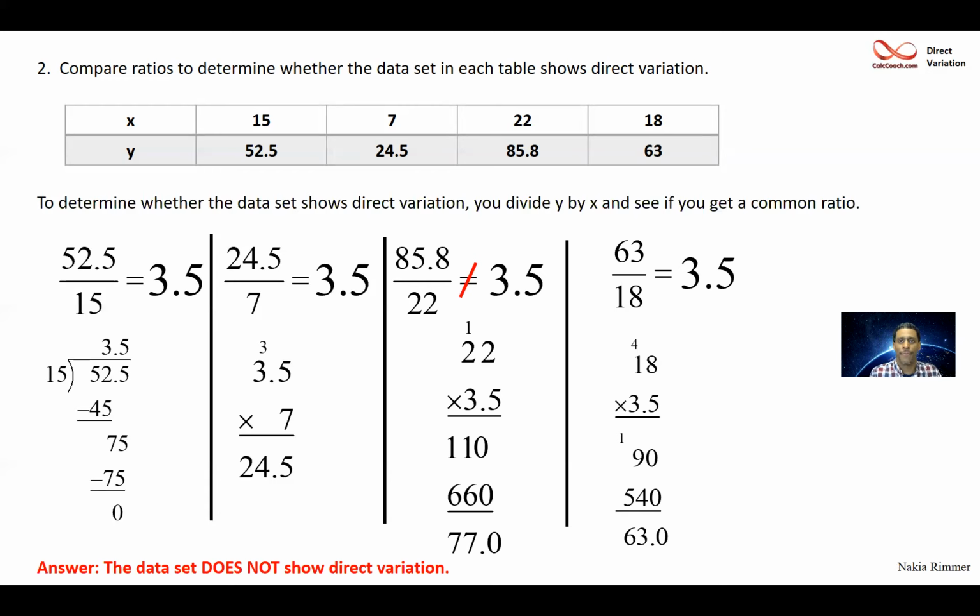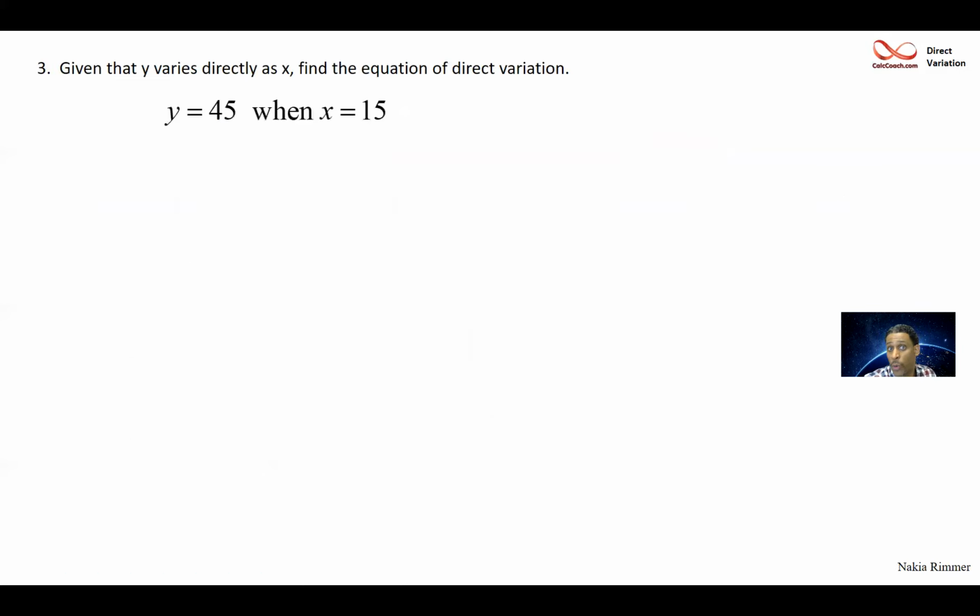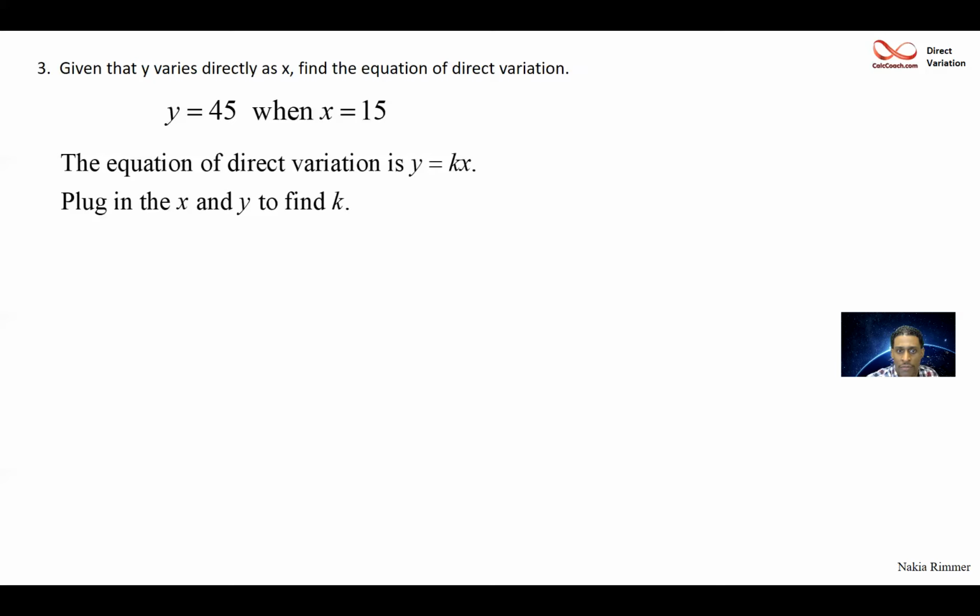All right, great. In the next set of questions, we're looking for the actual equation. Given that we know ahead of time that y varies directly as x, we're asked to find the equation of direct variation. So when y is 45, x is 15, and we have to find the equation. The equation of direct variation is y equals kx.